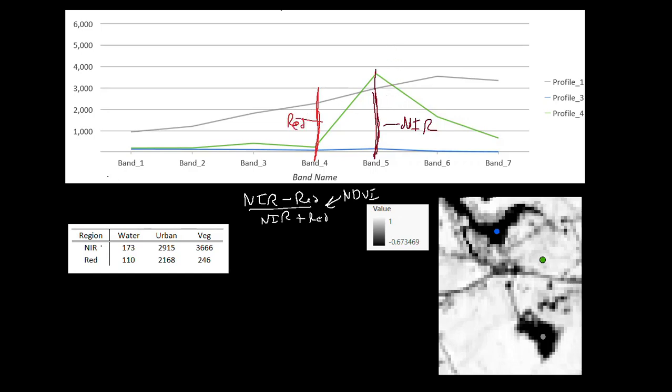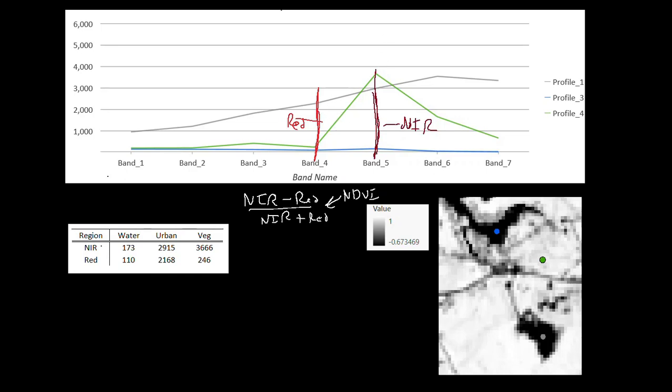As always, the green represents vegetation, the blue represents water, and the gray represents an urban area. And this is the calculated NDVI, which you can see in this case didn't quite make it to -1, but did actually make it to 1. So somewhere in the image there's a pixel with virtually 0 red reflectance. But anyway, let's talk about what we're dealing with here.